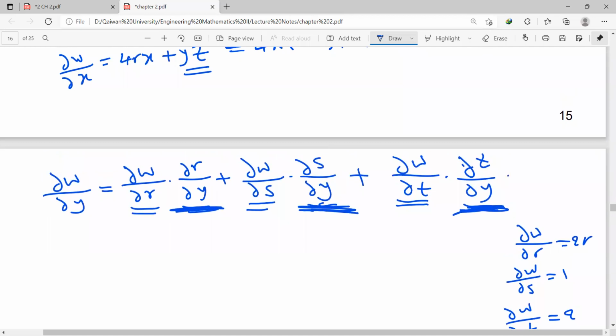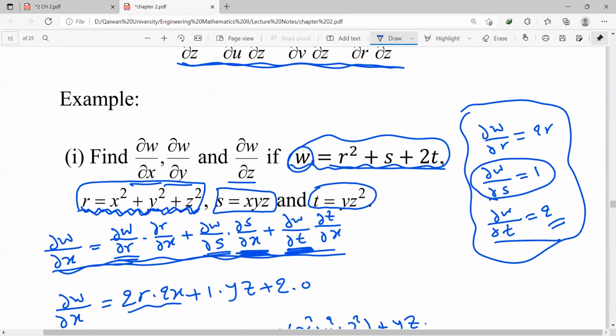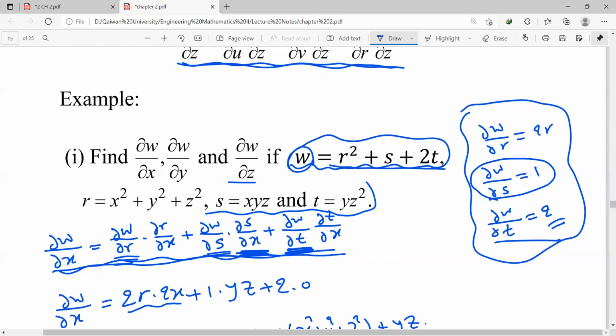That means we are going to find the partial derivative of r, s, and t with respect to y. So these are r, s, and t.